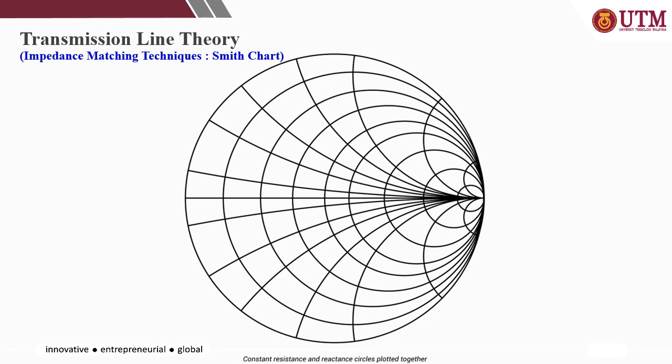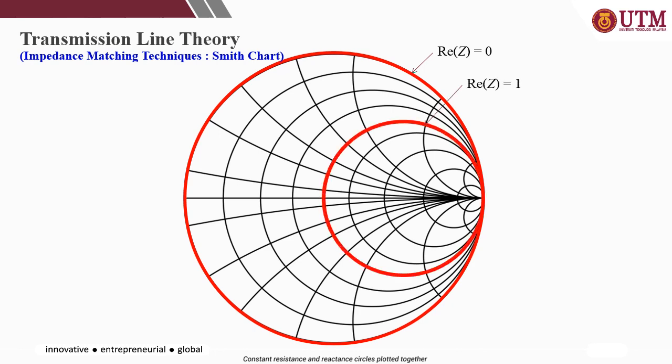So this slide summarizes the components on a Smith chart. The outer line represents the real value of normalized impedance equal to 0. The red line here represents when the normalized real impedance equals 1.